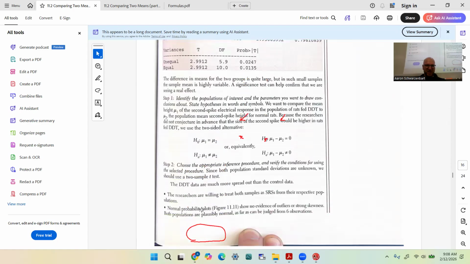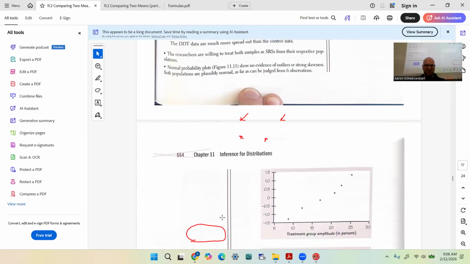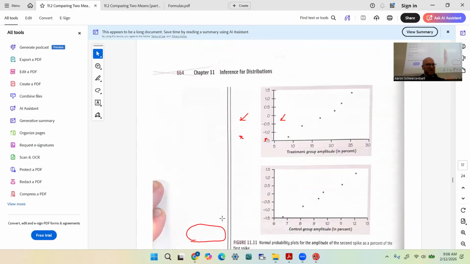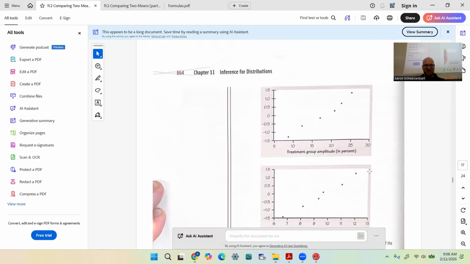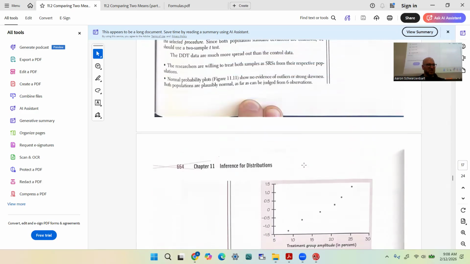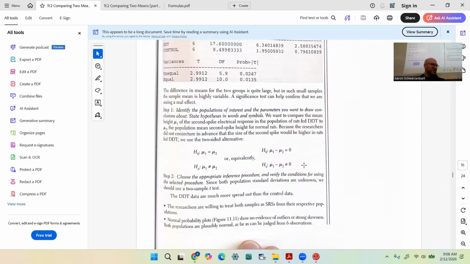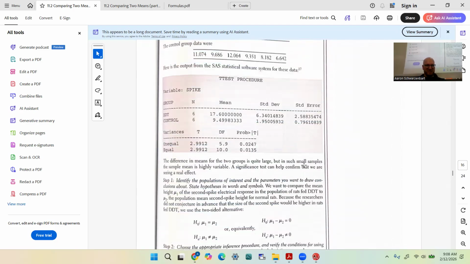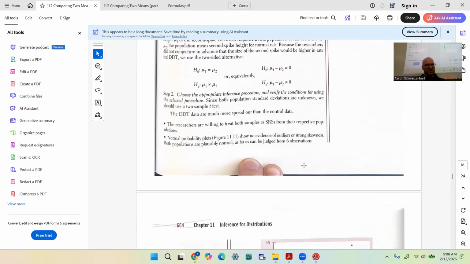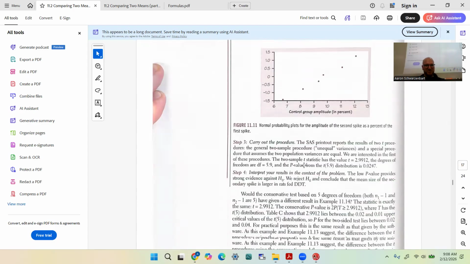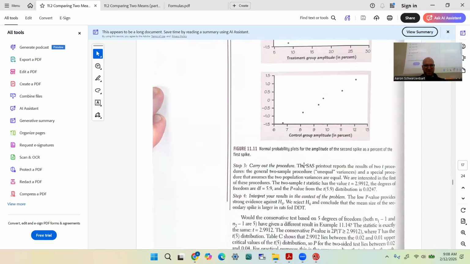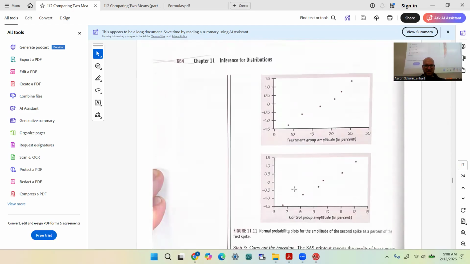I've randomized the rats, so I'm willing to assume they're SRSs. My normal probability plots look fine, so I can proceed with this test. These actually look pretty good, which is good seeing as the sample sizes are really small. They're only 6 each. I don't know why they did so few rats, but maybe that was all they could afford. So we carry out the procedure.